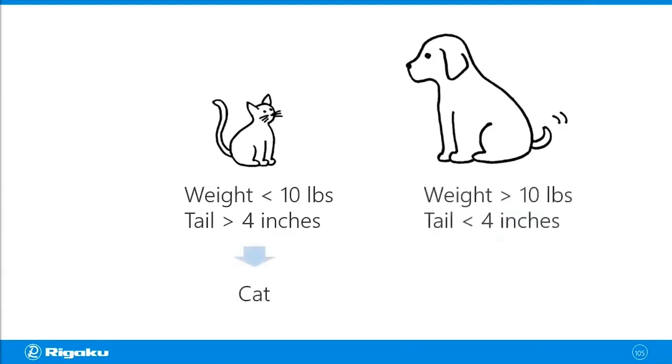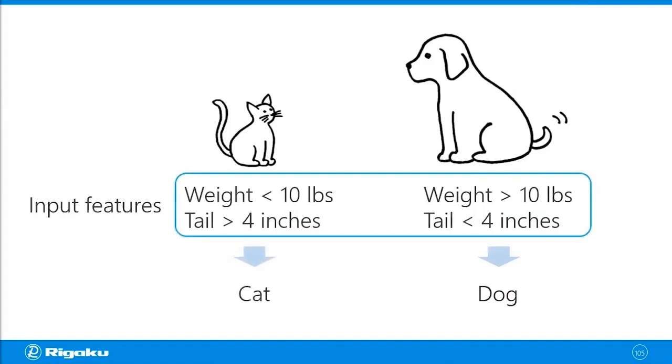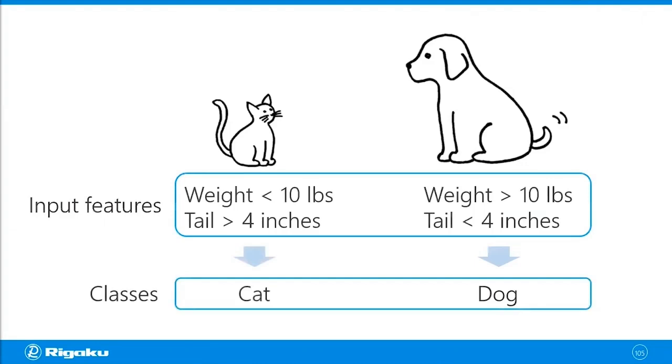And if it weighs more and the tail is shorter, that's a dog. This is a classification problem. Terminology-wise, the weight and tail length are called input features, and the cat and dog are the classes. So for traditional programming, you have to come up with those rules about the input features.